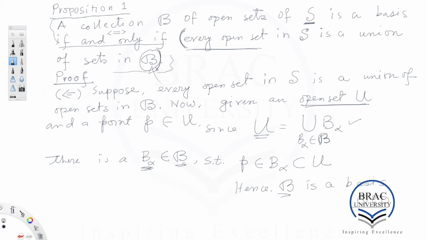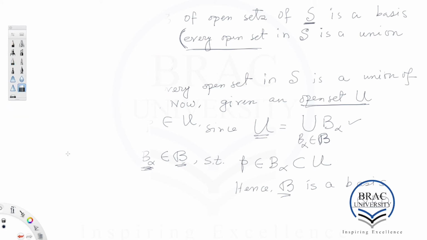Right. So the next topic that we want to discuss is called second countability. After understanding what it means by second countability, we'll understand what it means by a second countable topological space.